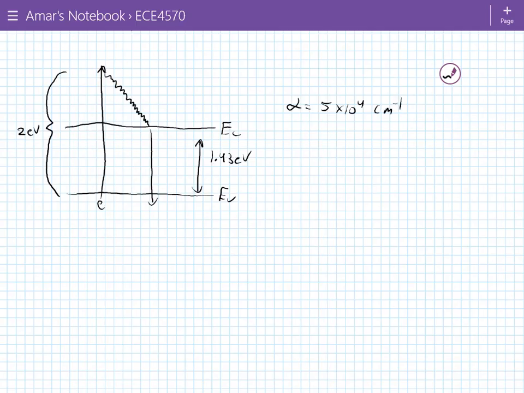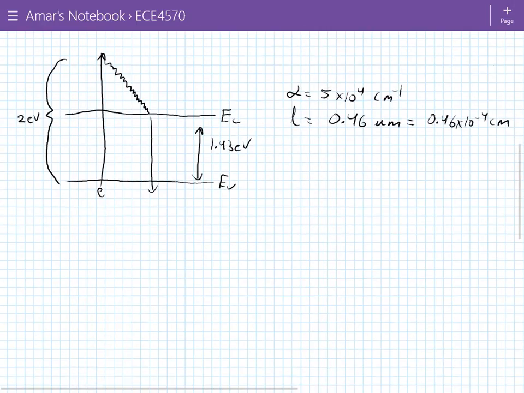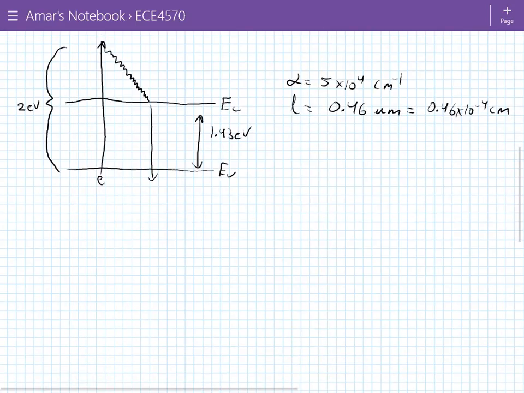And the thickness, or the length of the sample, is 0.46 microns, which is equal to 0.46 times 10 to the negative 4 centimeters, since 1 micrometer is 10 to the negative 4 centimeters. So the first part of the problem is figuring out the energy absorbed.